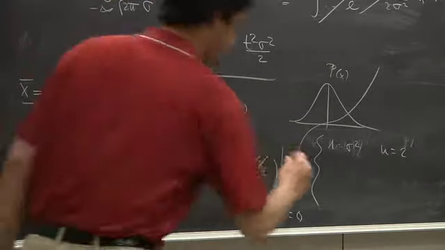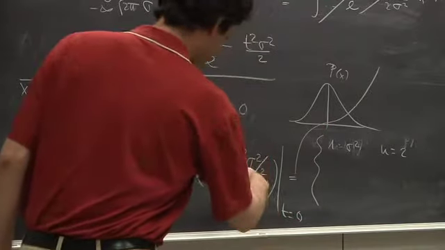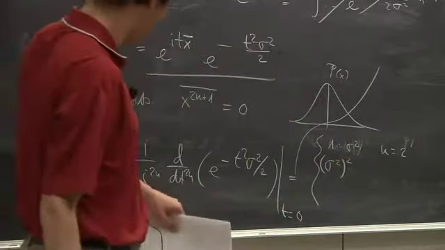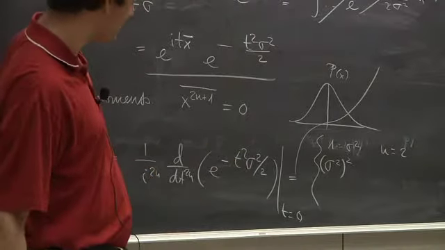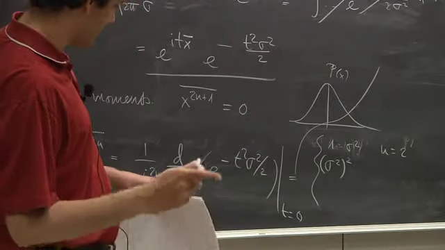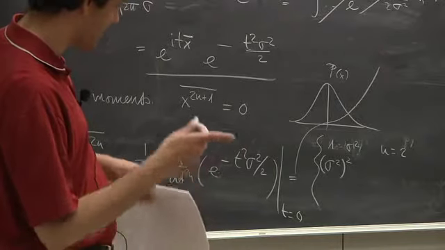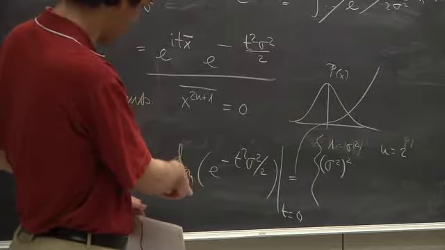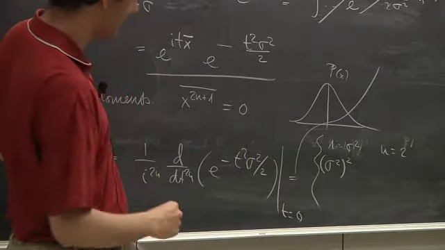What I get out of that is twice a factor of sigma squared, because I derive twice in the exponent. And then I get essentially factors of 1 from killing the t's. The minus signs are killed with this i.